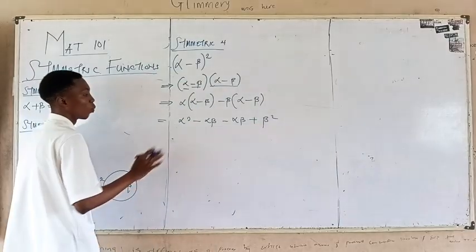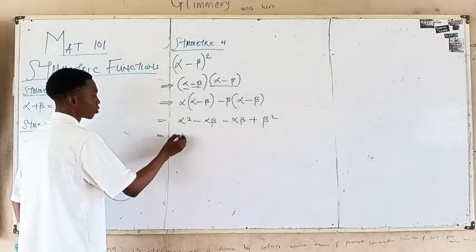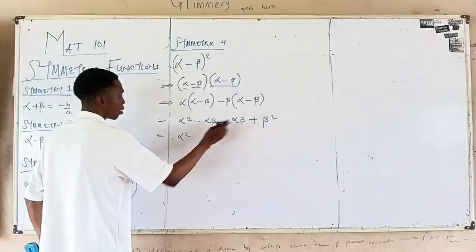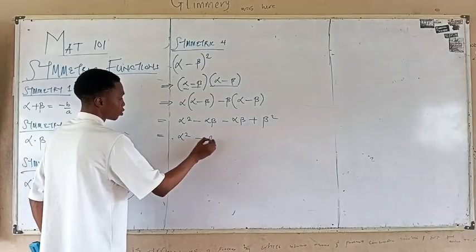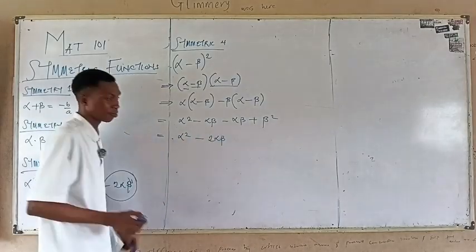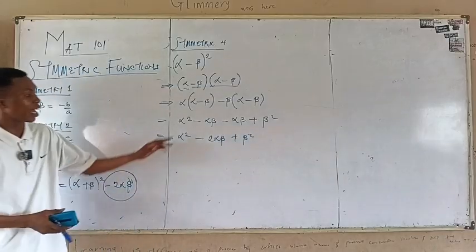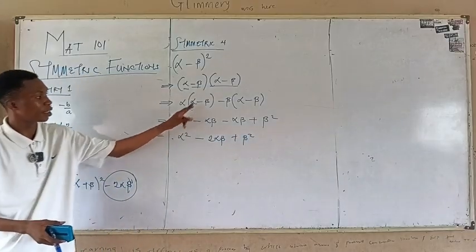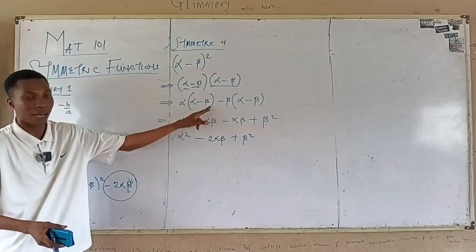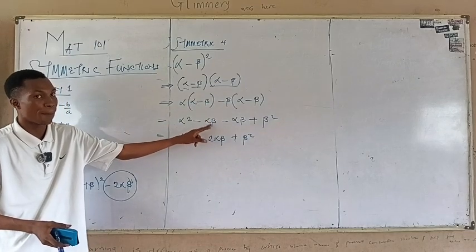What's common, please? Alpha squared, isn't it? This alpha multiplied by beta is minus alpha beta.